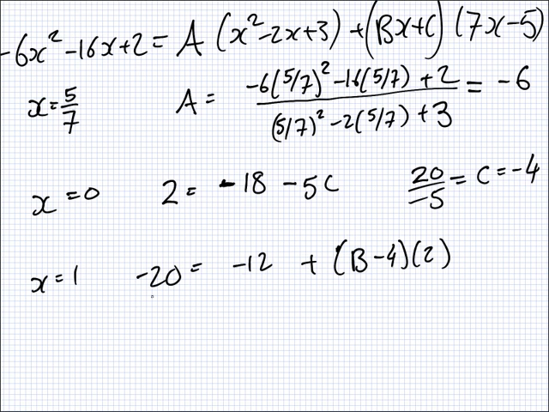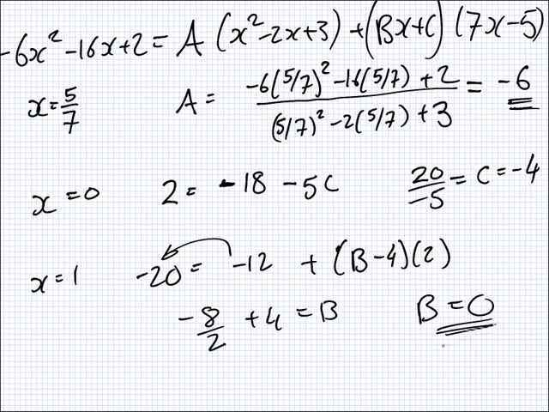Okay, so take that over there. Minus 8 over 2 plus 4 equals b. b is 0? Yeah, b is 0. So we have a is minus 6, b is 0, and c is minus 4.